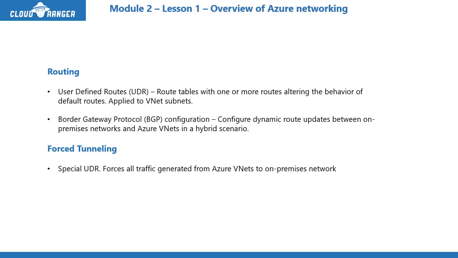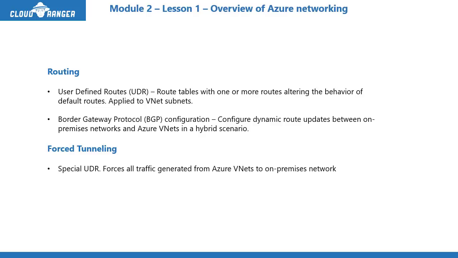Next is the BGP configuration. This is actually a very advanced topic, but it's Border Gateway Protocol, or BGP, configuration. Azure will allow you to configure dynamic routes between your on-premises network and your Azure virtual networks in a hybrid scenario.